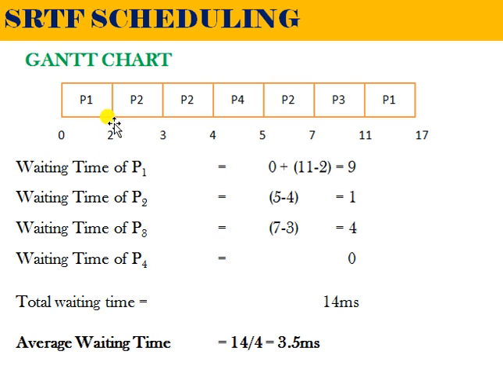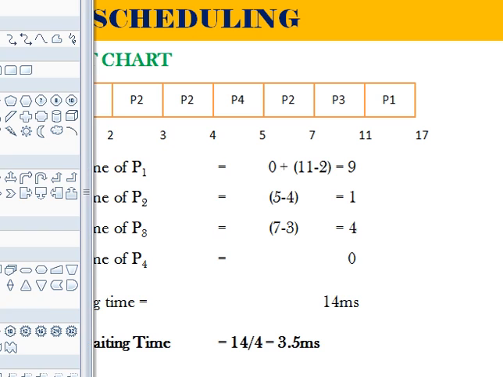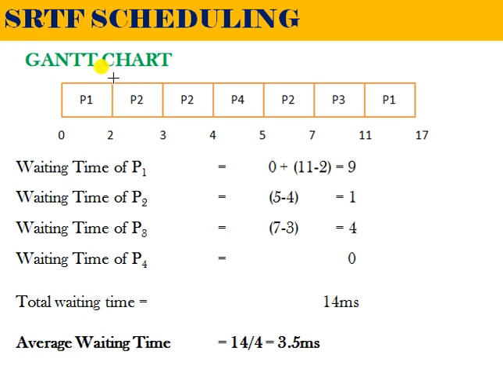But from this point to this point it waits. The chance of P1 comes at 11, so the waiting time is 11 minus 2, that is 9.